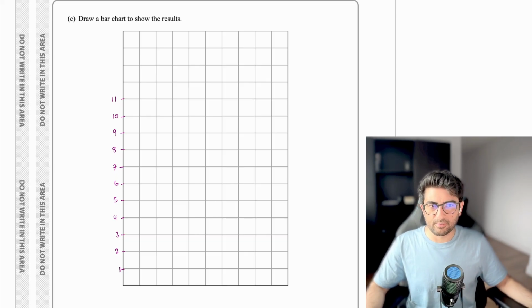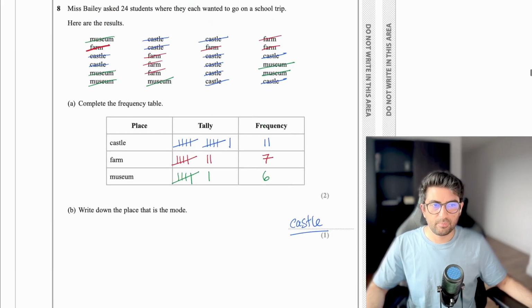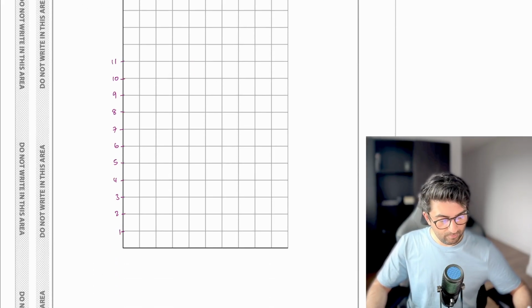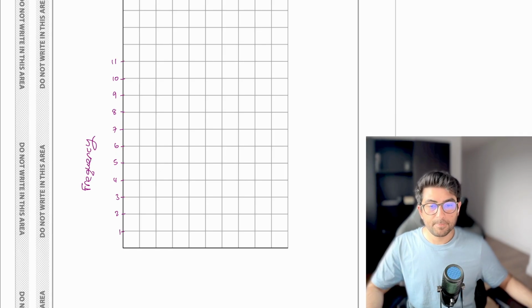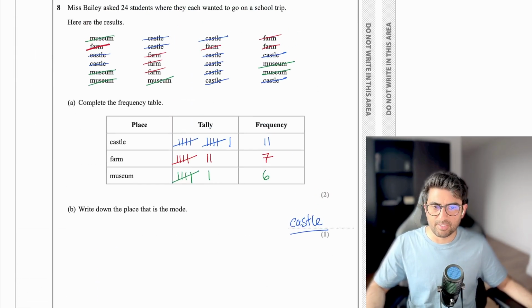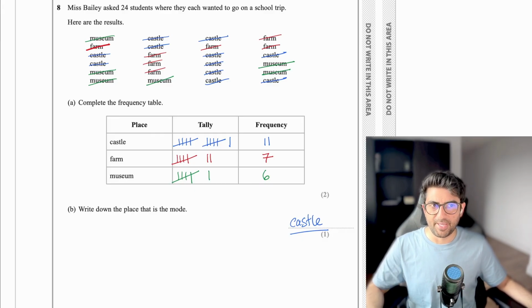Okay, so we've got our y-axis, which is the frequency, let's say. So maybe we'll write that down. Frequency. And across the x-axis, we're going to put castle, farm, and museum. So we need 3 items across the x-axis.